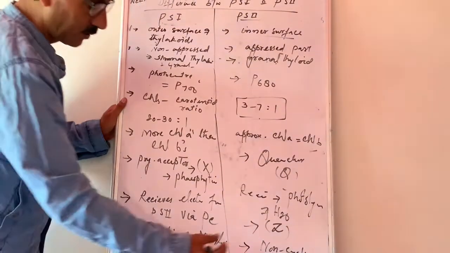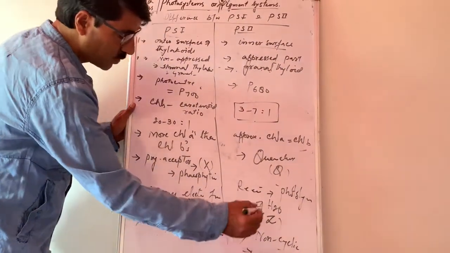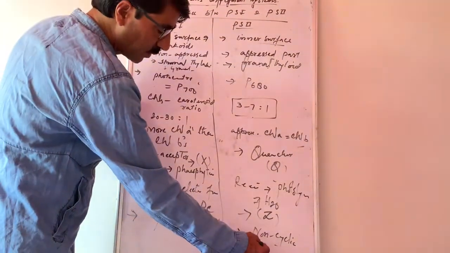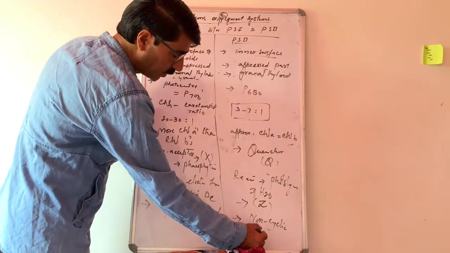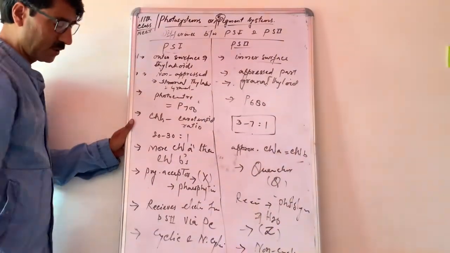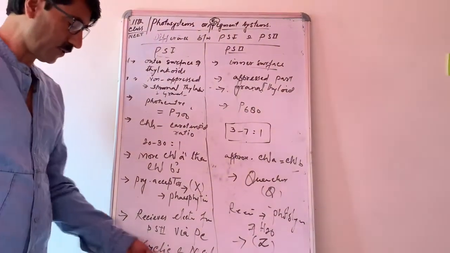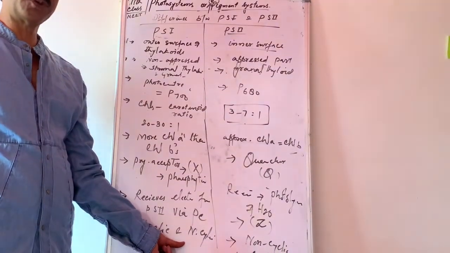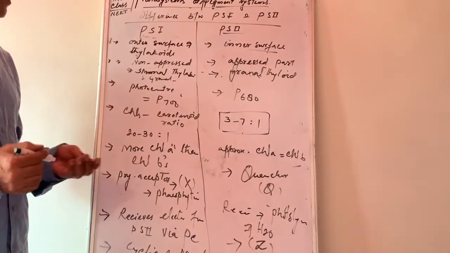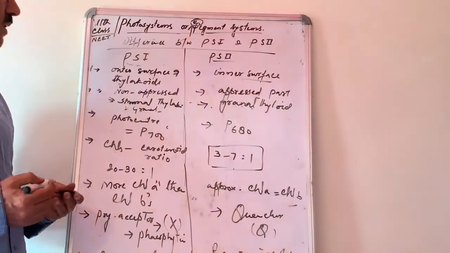That means this would be associated with the photolysis of water and the evolution of oxygen, but this is not associated with the photolysis of water or the oxygen evolution. तो यहाँ पर this was regarding the photosystems.